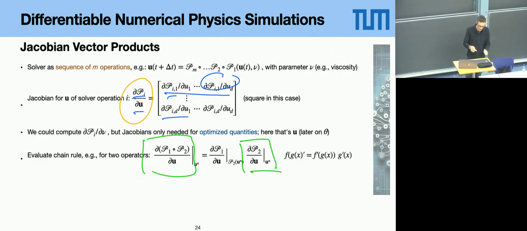It is multiplied with the Jacobian of this P1 function that we're applying here. This is evaluated at the position P2 of u. In our case, both are square, and you can imagine it basically: we have two square matrices being multiplied by another vector of the same size.